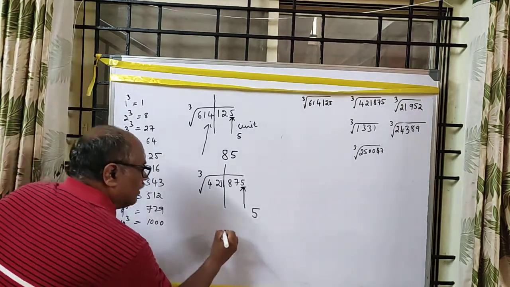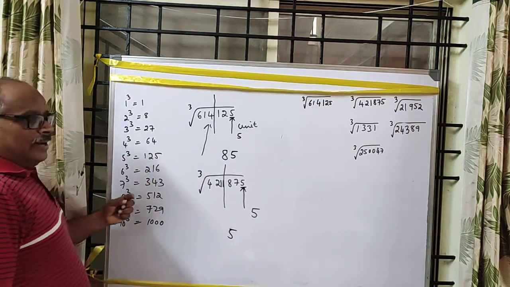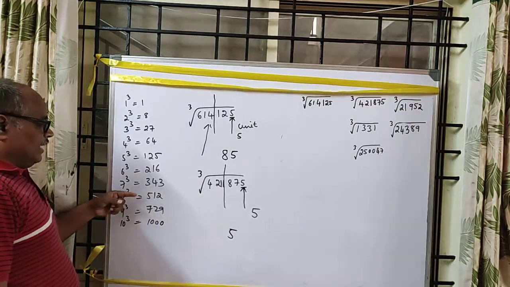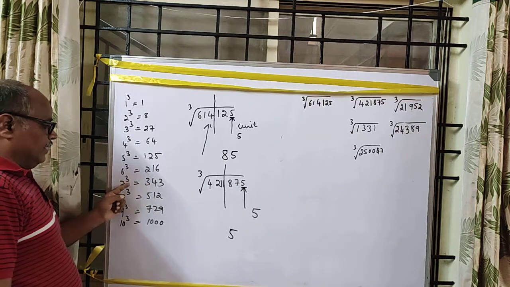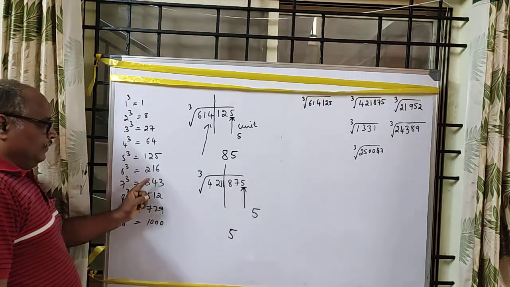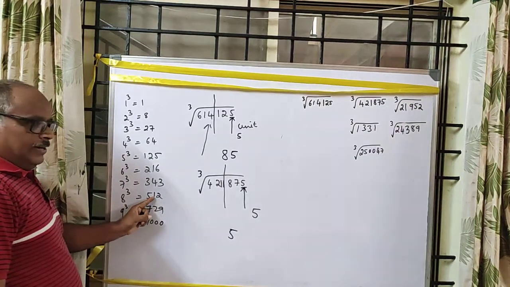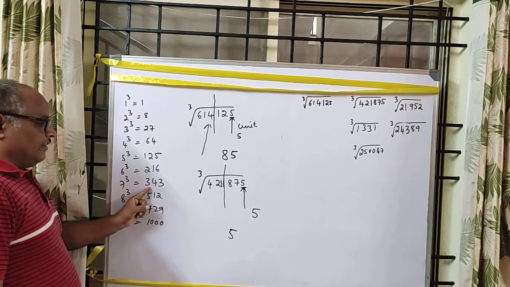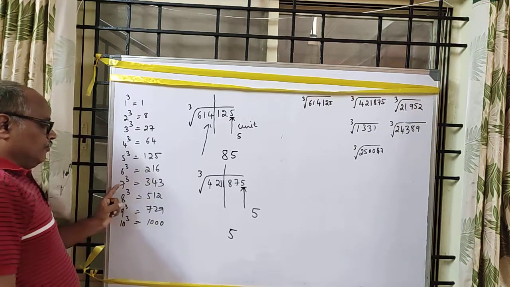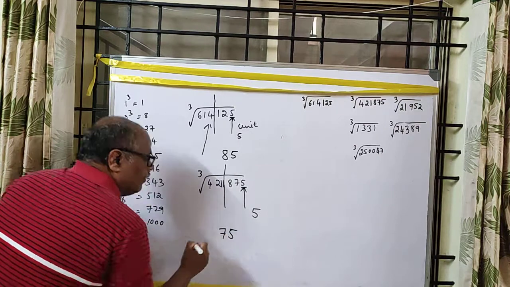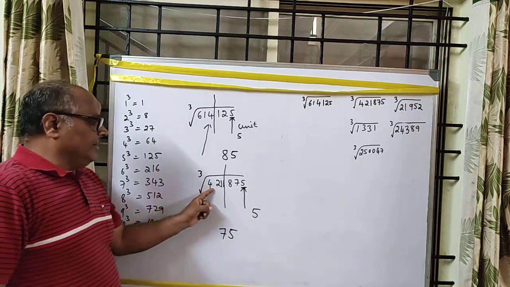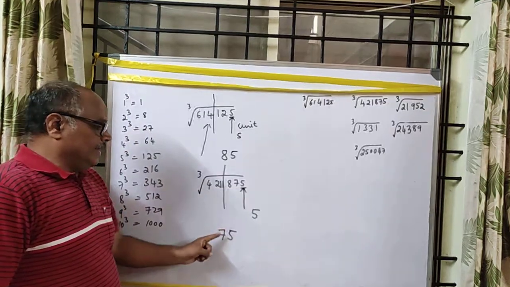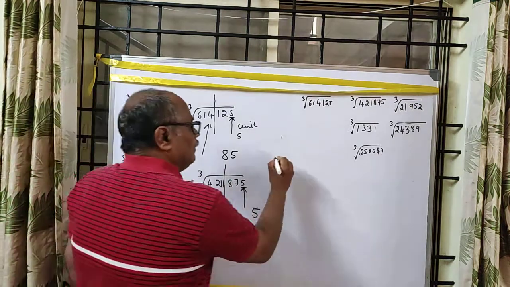Its cube root is 5. 421 lies between 7 cube and 8 cube, or 343 and 512, in which 343 is the least. Its cube root is 7. Therefore, the cube root of 421,875 is 75.